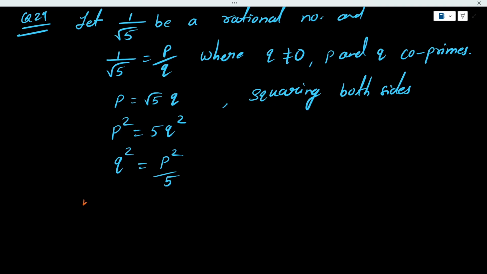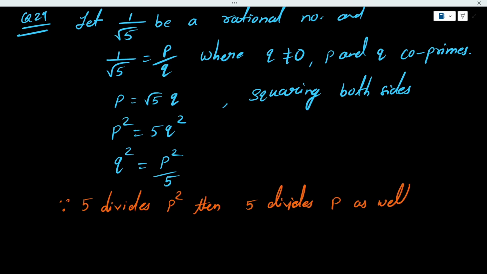So here you will write: since 5 divides p square, then 5 divides p as well, right? So this is our first one. That means 5 is a factor of p.